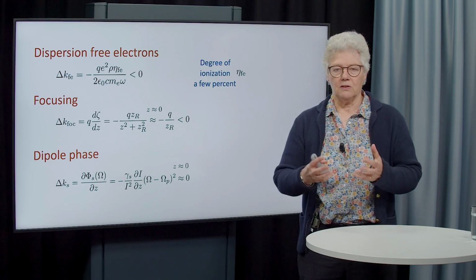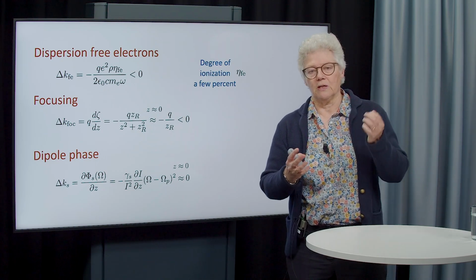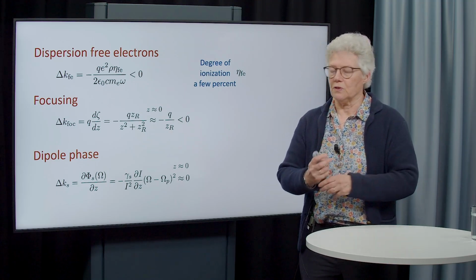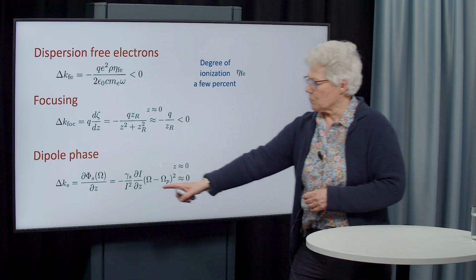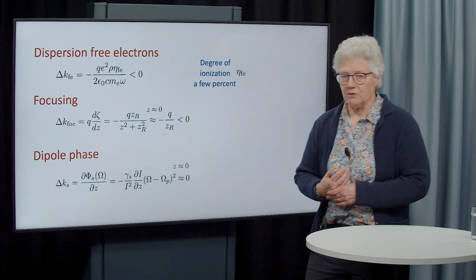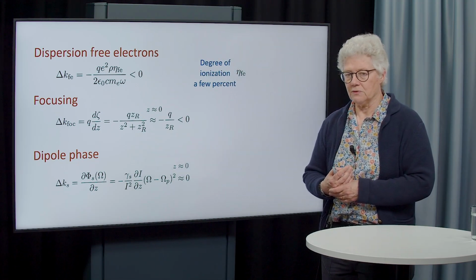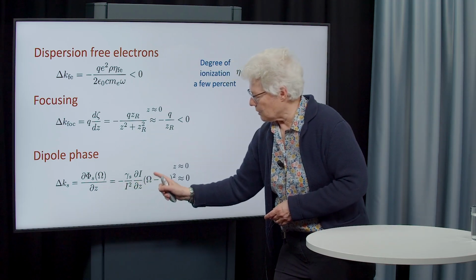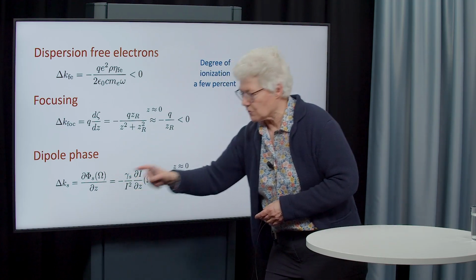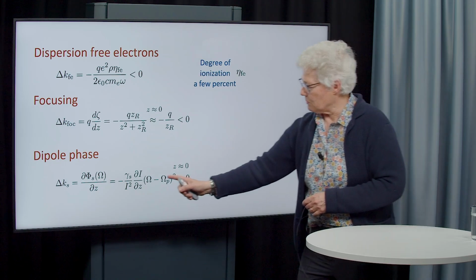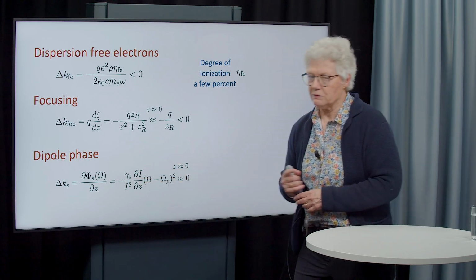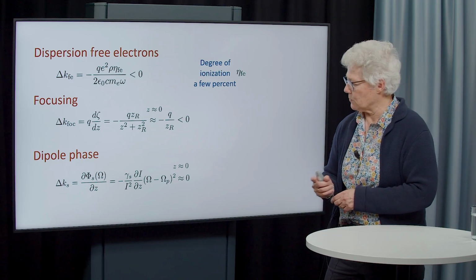And finally, the effect of the dipole phase. This is really the effect of the phase accumulated by the electron on its trajectory, which is then transferred to the harmonics. So this phase mismatch is equal to the derivative of the dipole phase. And now I'm looking at how this dipole phase depends on z. Similarly, I can introduce the derivative of the intensity with respect to z.